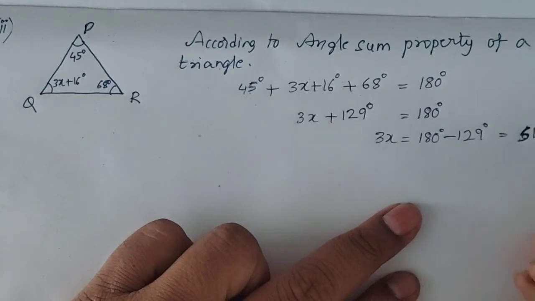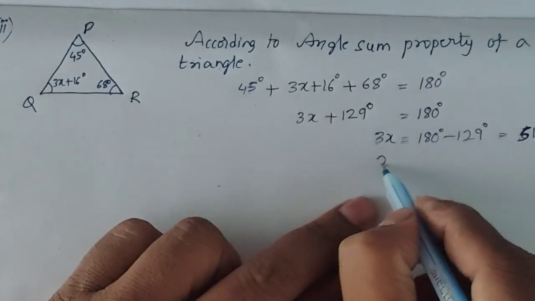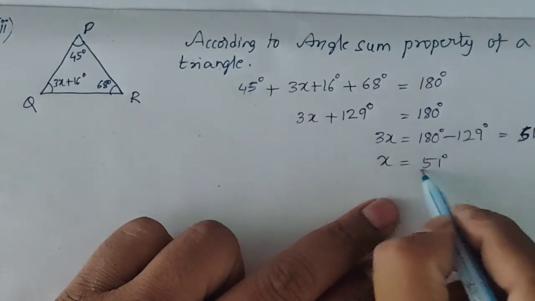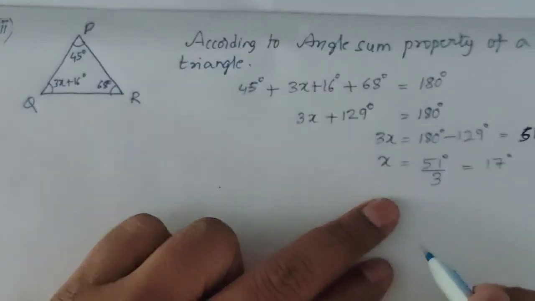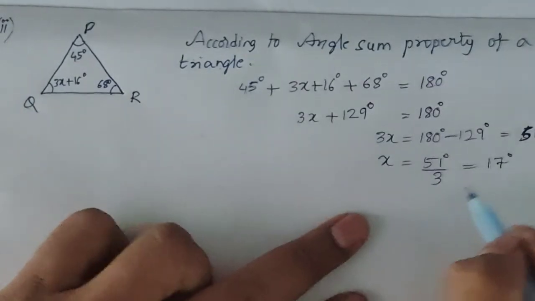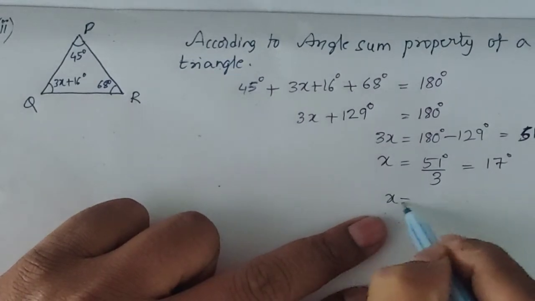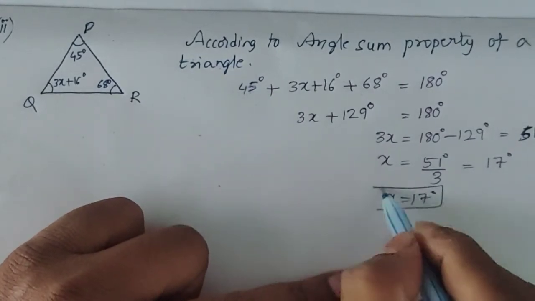So x equals 51 by 3, that equals 17 degrees. So x equal to 17 degrees is the answer here.